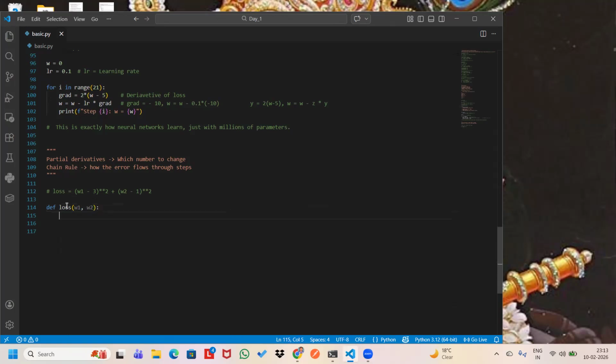It will return the same expression that I have written here. Now I create another function called grad underscore w, which means I'm going to differentiate with respect to w1.